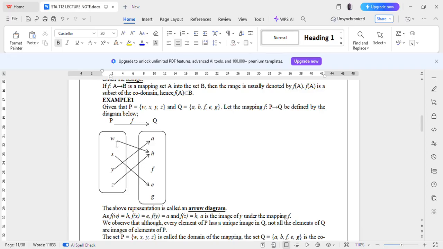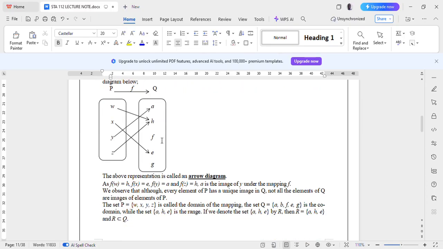The image of W in P is H in Q. The image of X in P is E in Q. The image of Y in P is A in Q, while the image of Z in P is H in Q.